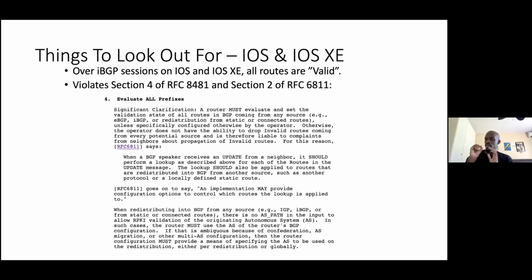So this can be a bit of a problem when, for example, you have a router that has an iBGP session with, say, a route reflector, but then has an eBGP session with another network. That network obviously potentially doesn't have a ROA, so the routes coming from it are marked as not found. But then you're receiving the same route via your BGP route reflector on iBGP, which is automatically marked as valid because it's an internal route.